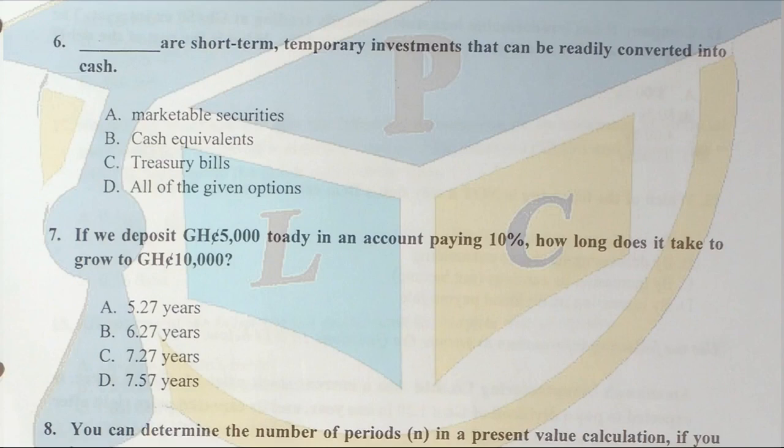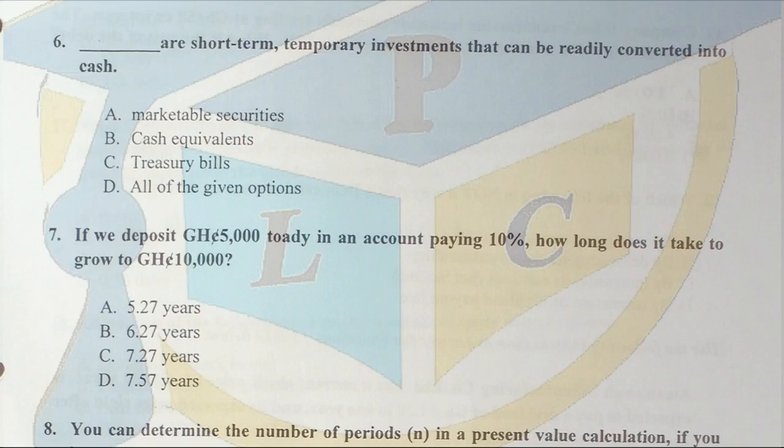So here, treasury bills last for almost about 91 days. It's a short-term investment. Cash equivalents like promissory notes, bills of exchange, all these things are what? Short-term, more like temporal what? Investment. They can also be readily converted to what? Cash quickly. And marketable securities are securities that we can easily sell, and some of them can easily be converted to what?